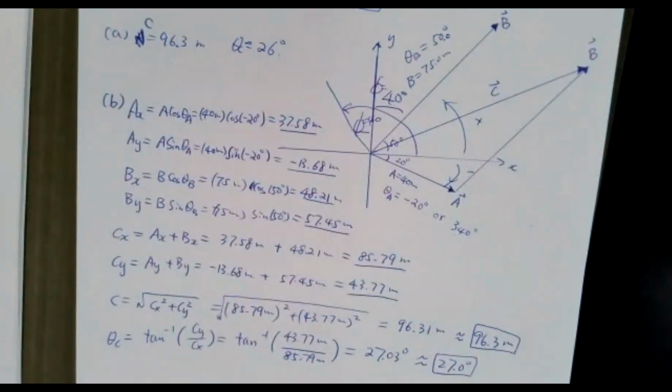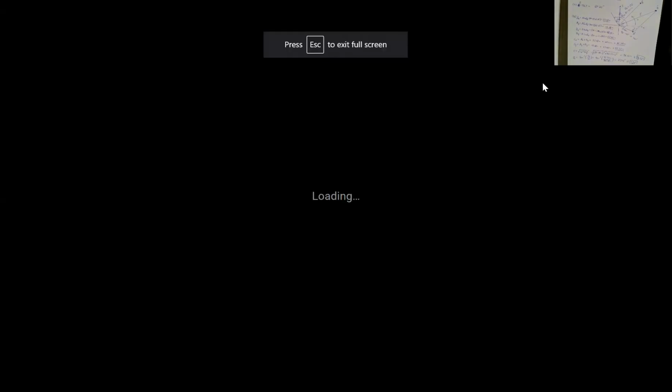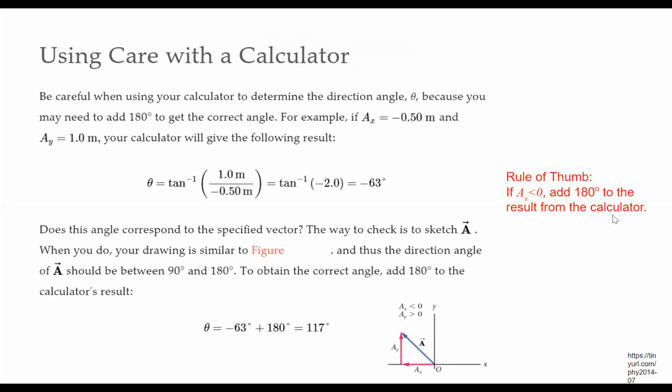Now I think we have a couple slides just remaining. One thing I would like to point out is when you are using your calculator to figure out the directional angle.